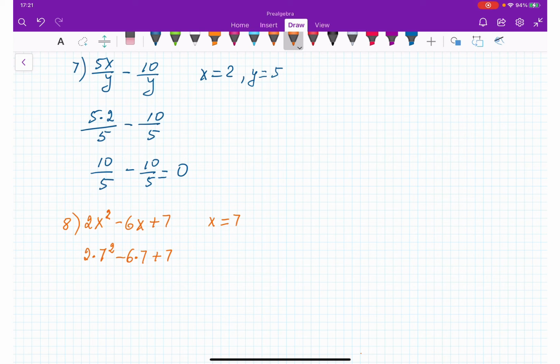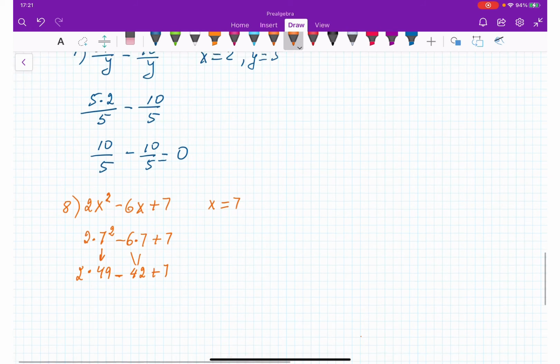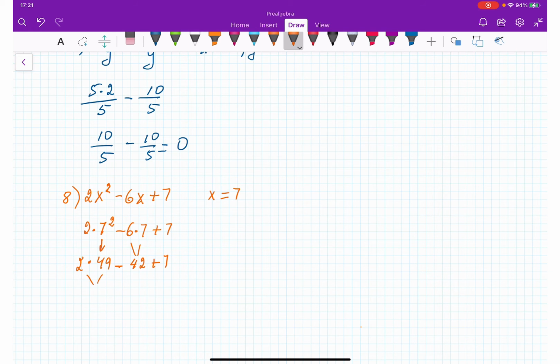So first of all, we need to raise 7 squared, which is 49, times these 2 minus, then I can do multiplication, 6 times 7, 42 and plus 7. So 2 times 49, it's going to be 98 minus 42 plus 7.